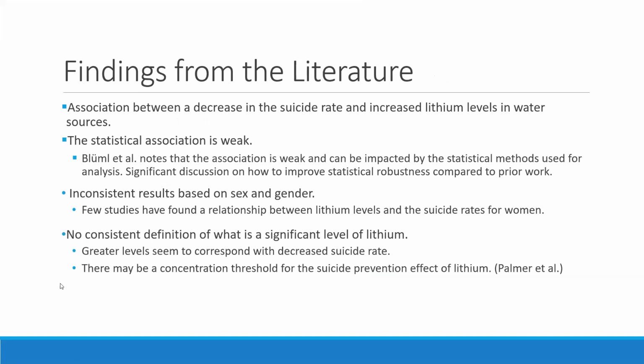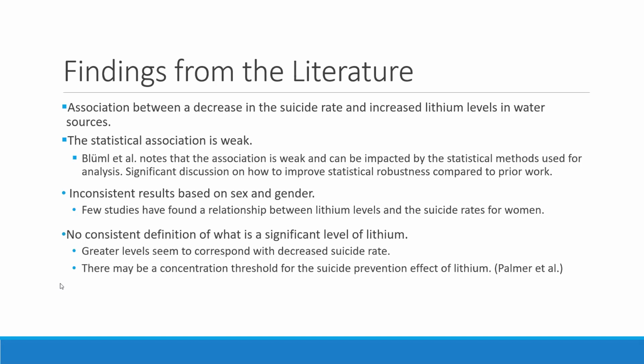So like I said before, the statistical association found is weak, and how it's studied statistically does impact a lot of these findings. A big problem is there's no consistent definition of what a significant level of lithium is.